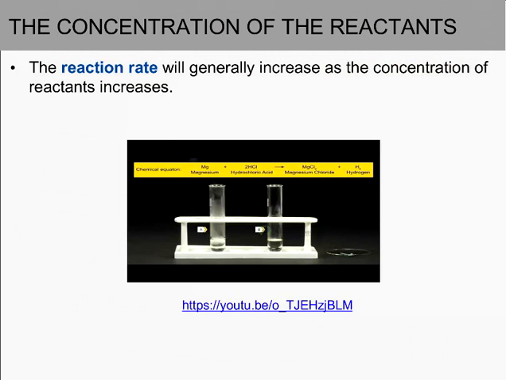And the test tube on the right, test tube B, had more concentrated hydrochloric acid. So with more hydrochloric acid molecules present, they can react more quickly with magnesium and break it down. So again, concentration of reactants can affect the reaction rate.